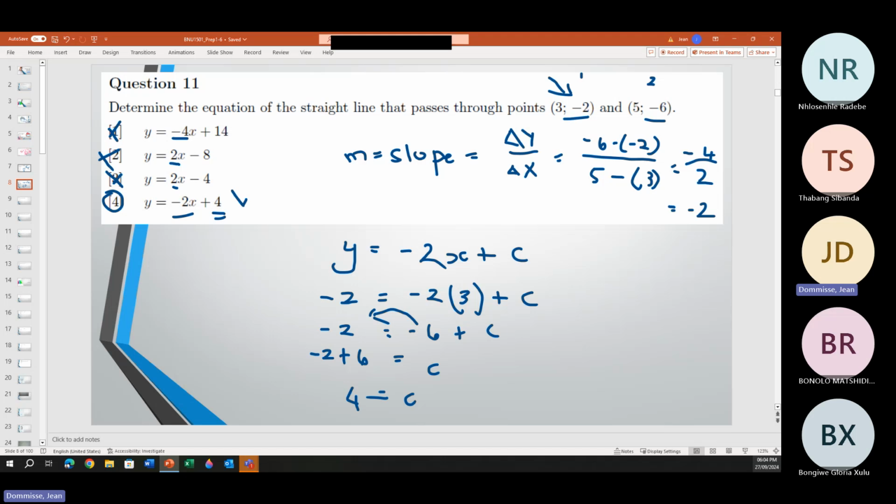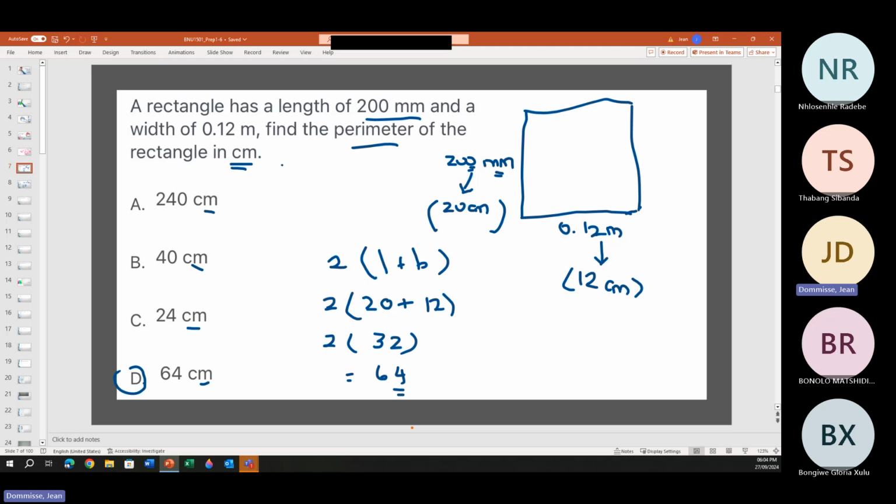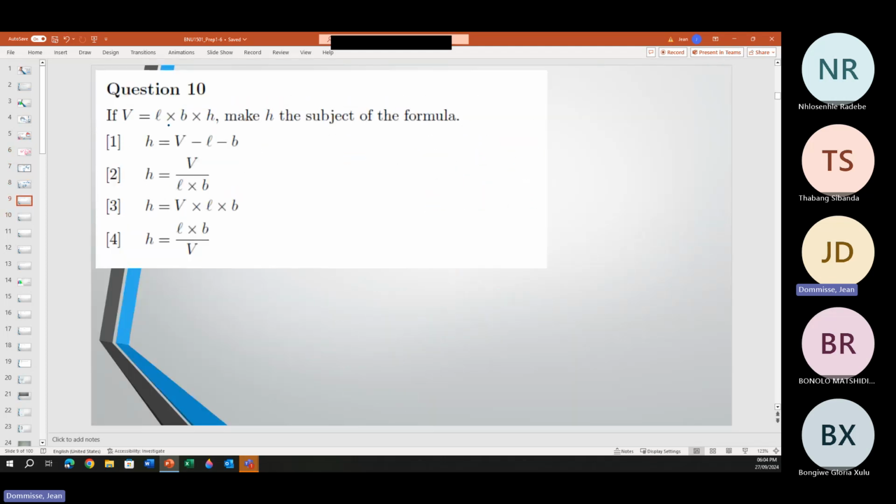Okay, so let's look at the next question that might be a bit different again. So the next one, they have actually, and you guys will see this now, the volume of length, breadth times height. So that was the volume of the square that we worked out. So now I've asked you to change the subject of the formula.